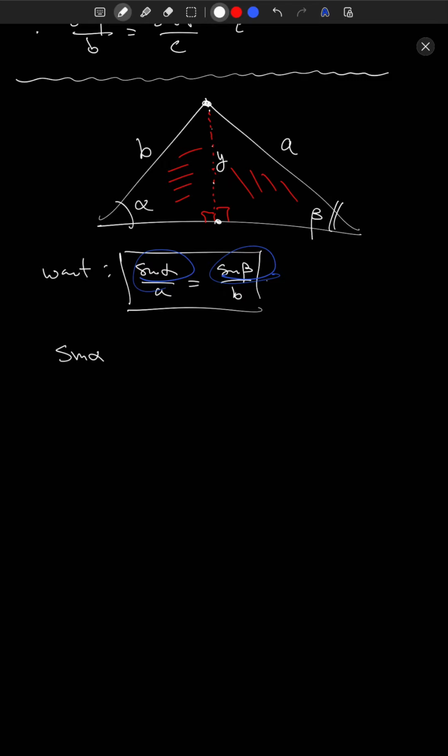If I look at the triangle on the left, opposite is y, hypotenuse is b. And if we look at the triangle on the right, sine of beta is equal to opposite over hypotenuse again, except the hypotenuse this time is a. So opposite is still y over a.